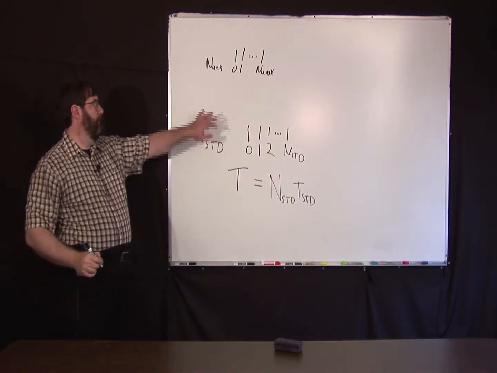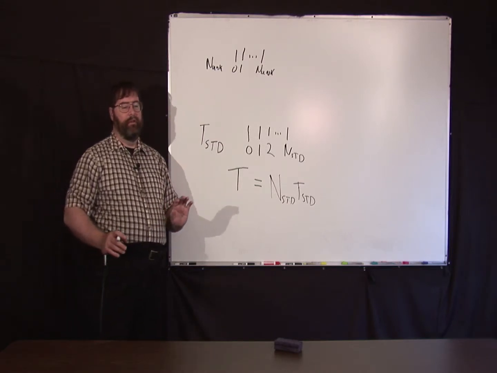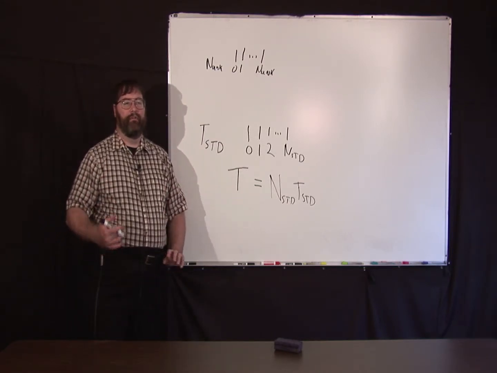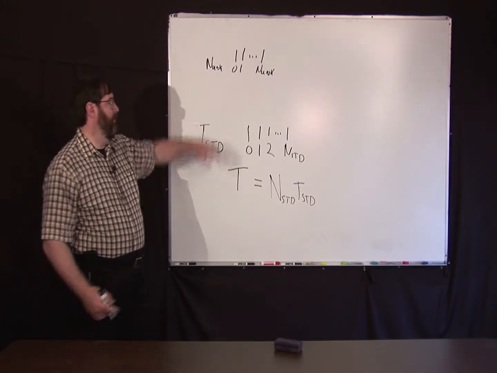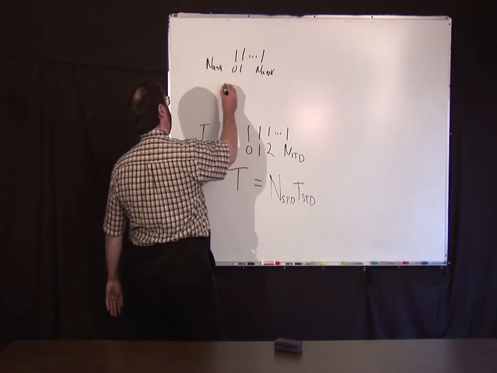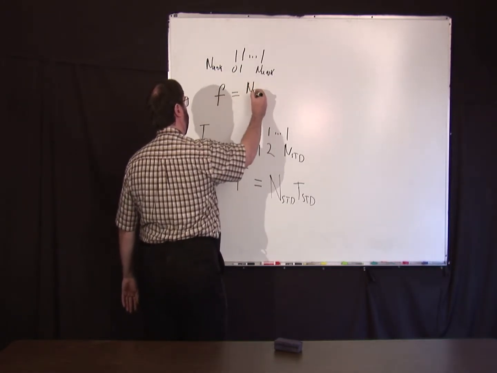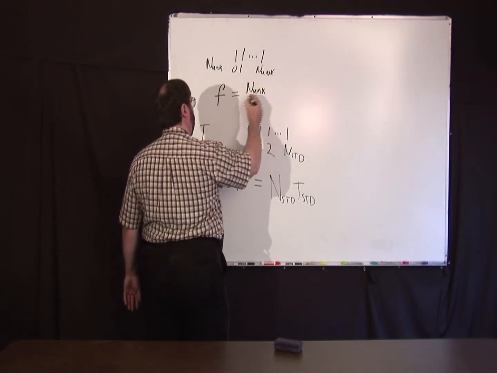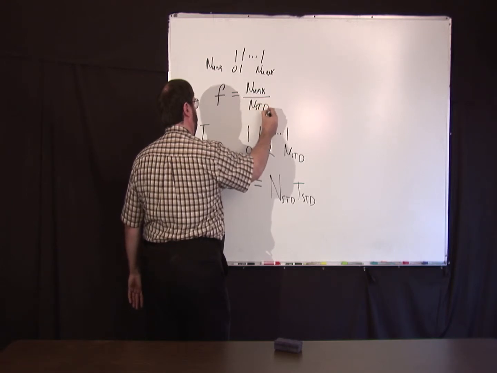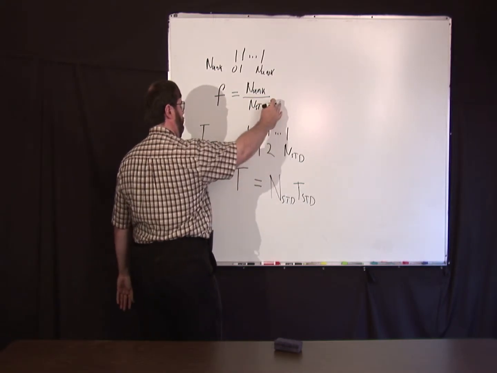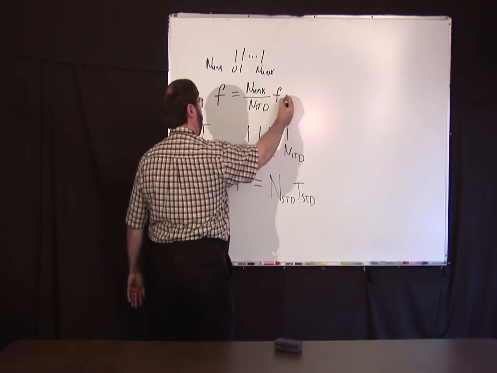Okay, so now you know that frequency is the number of things per second. The number of seconds is this, the number of things that happened is this. So the frequency is equal to n unknown, again starting from 0, over n standard, times 1 over t standard, but 1 over t standard is the frequency of the standard, so this is times the frequency of the standard.